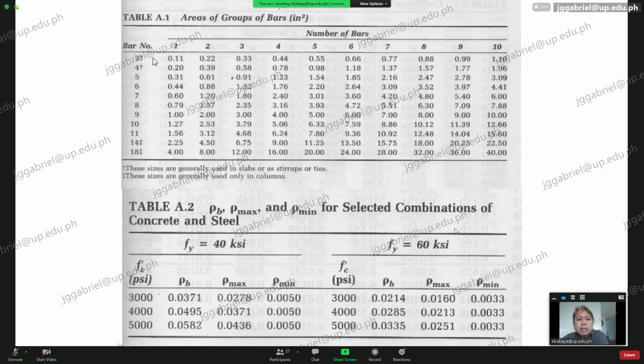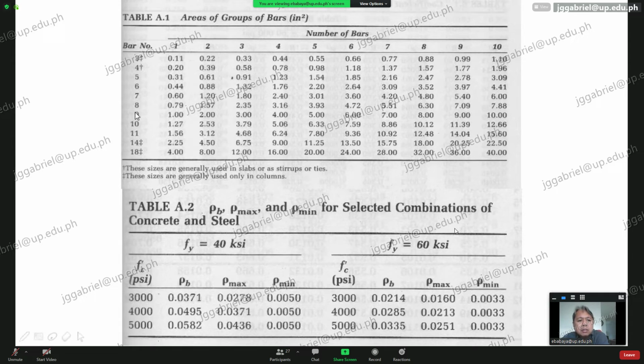Okay? Here, for this one, you have the bar numbers. When we say number 9, the cross-sectional area would be 1.